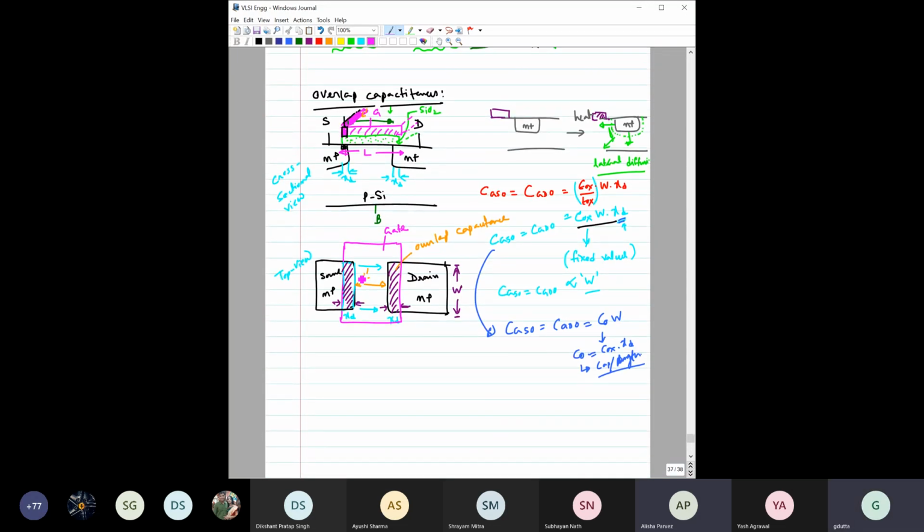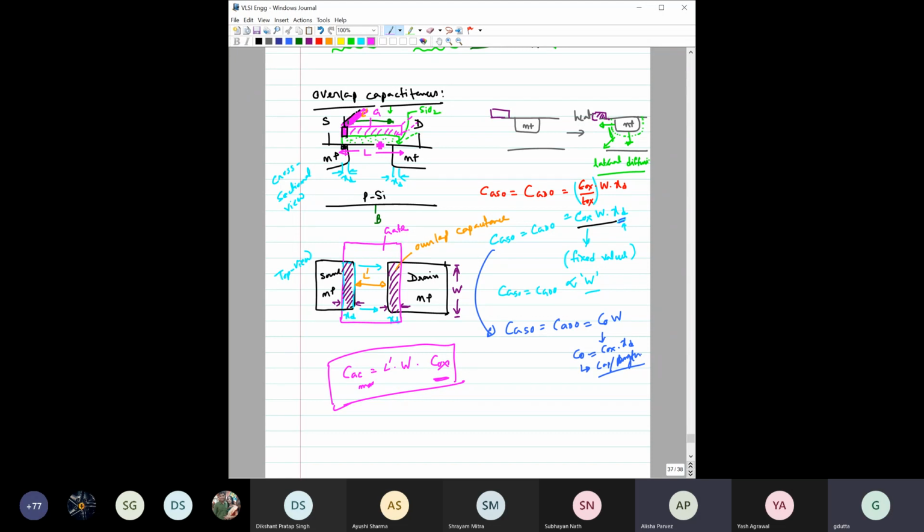What would be the maximum value? It is L dash into width W into epsilon naught, Cox. So please check, have you understood why I'm writing this? CGC max. Simple, right? It is always Cox.